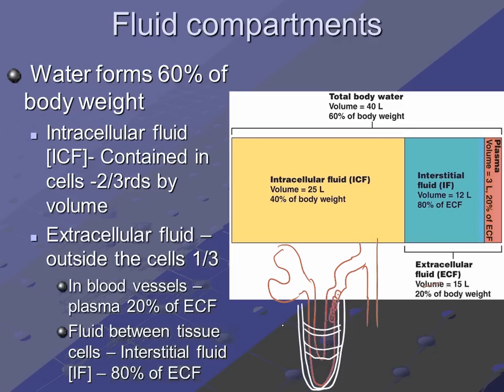This space here, which is between the cells of the tubule and the blood vessel, is what is called interstitial fluid. It's usually written as IF, interstitial fluid. And this, which is present inside the blood vessel, is also part of the extracellular fluid, and we just call it in the blood vessels. So these two together, the interstitial fluid and the one in the blood vessels, are collectively called extracellular fluid.